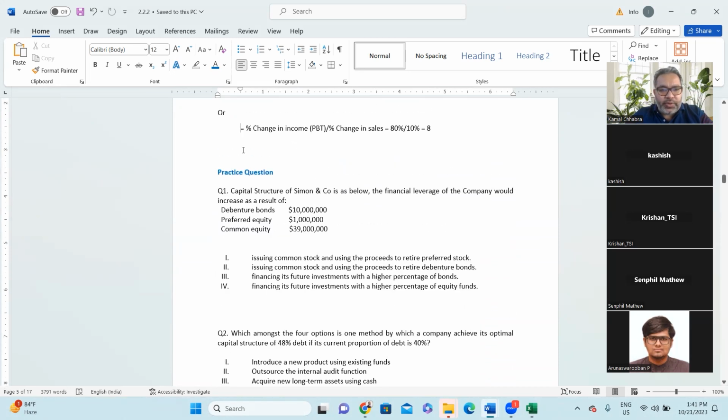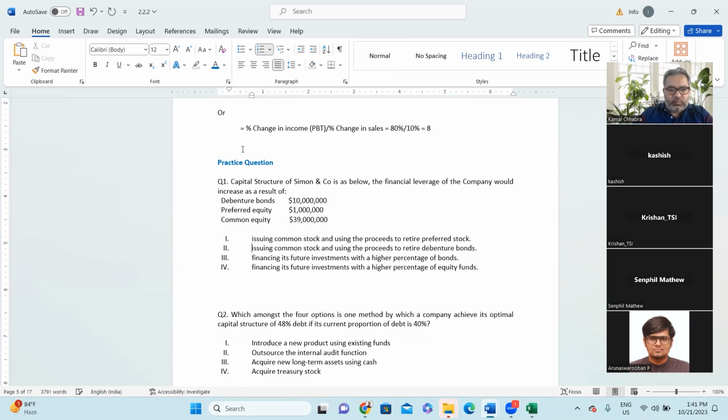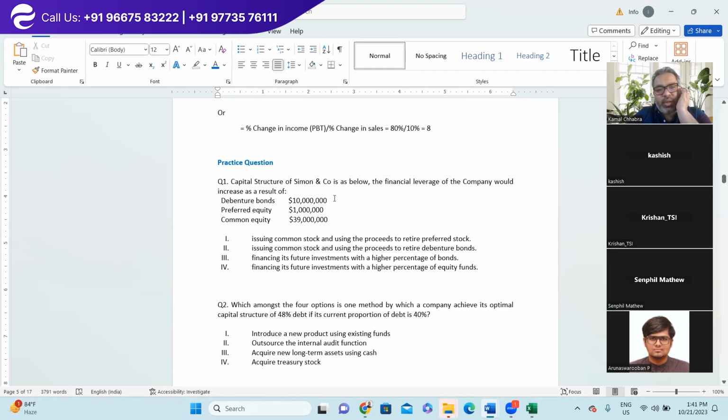So first question we have, question number one: capital structure of Simon and Company is as follows. Financial leverage of the company would increase as a result of what? What is the call of the question?